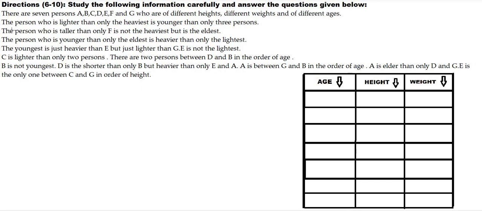So what is the first point here? The person who is lighter than only the heaviest is younger than only 3 persons. In this point he has not mentioned any of the names A, B, C, D, E, F and G. So we do not know who he is talking about, but he is talking about one person's age matter and also weight matter.